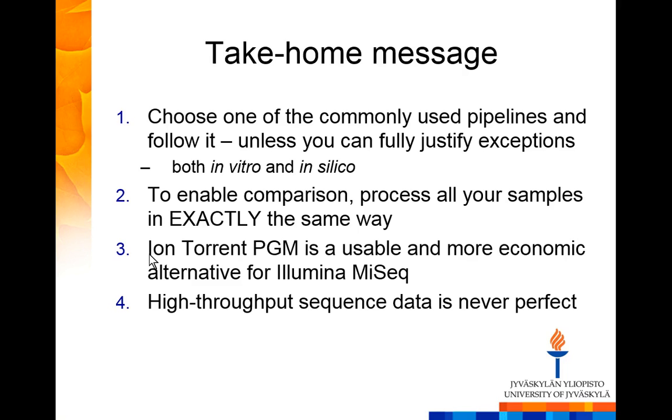Of course they ask more than just the consumables, but it's still definitely cheap compared to MiSeq sequencing. And yeah, high throughput data is never perfect, so beware when you make claims about new discoveries or novel diversity.